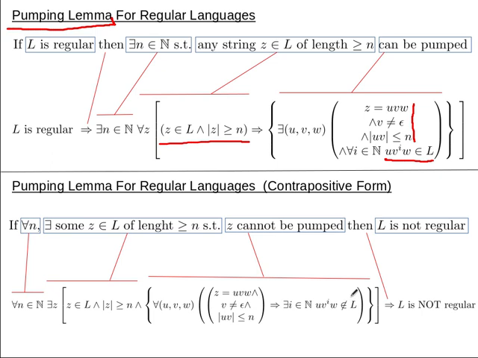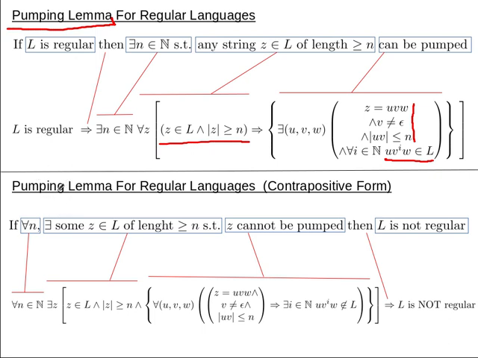Again, just try to see the meaning of this, not just churn the symbols. This is saying that for every regular language L there exists some n such that for all strings of length at least n this pumping happens.